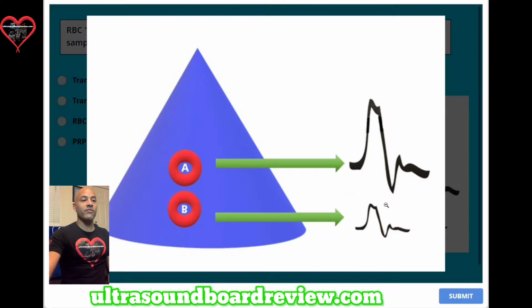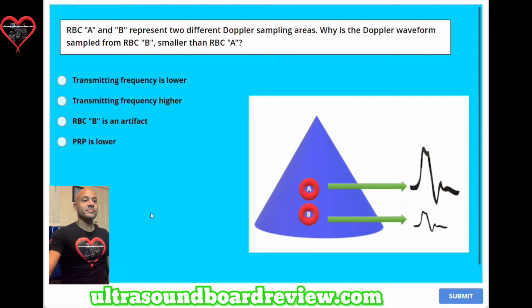So why is this waveform smaller than this waveform? The answer is A. Transmitting frequency is lower.